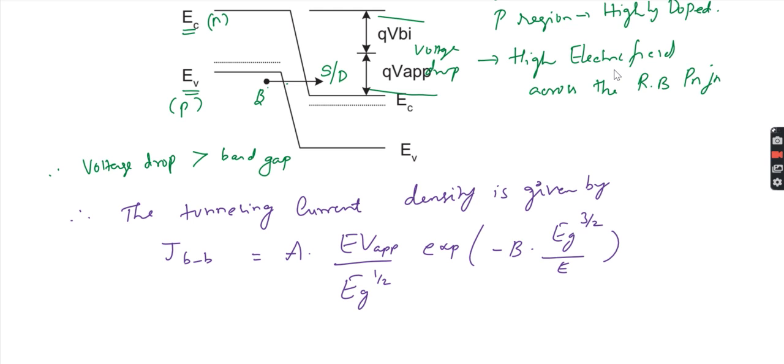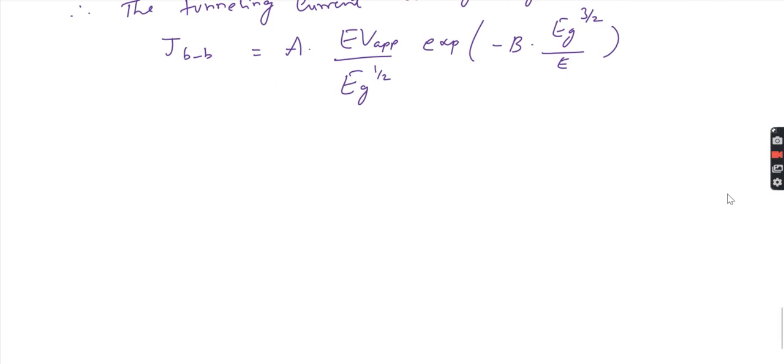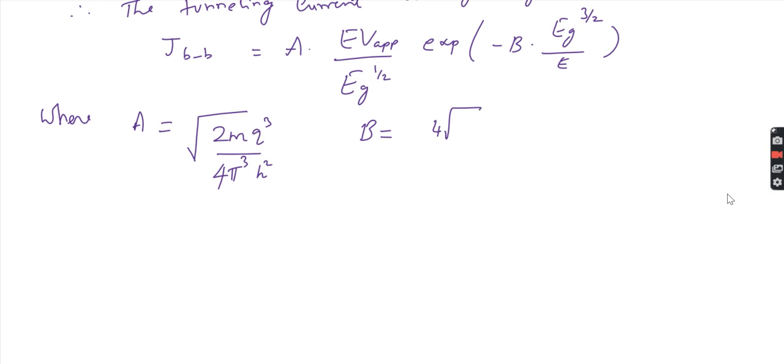Where A is equal to root of 2m into q to the power 3 divided by 4 pi cube h square, and B is equal to 4 into root of 2m divided by 3 q h.